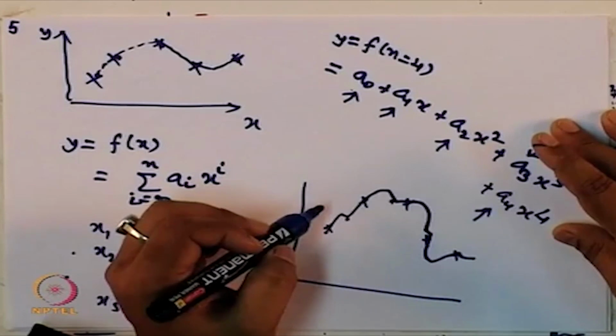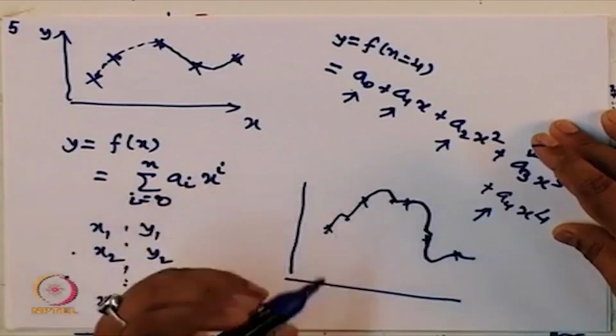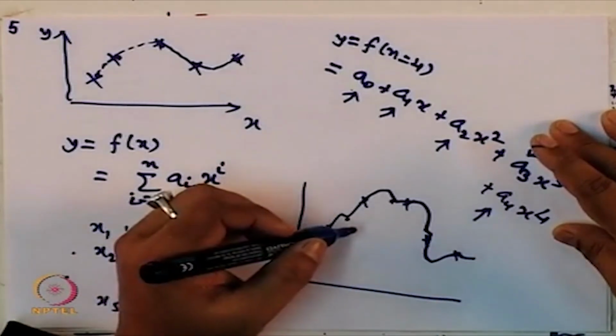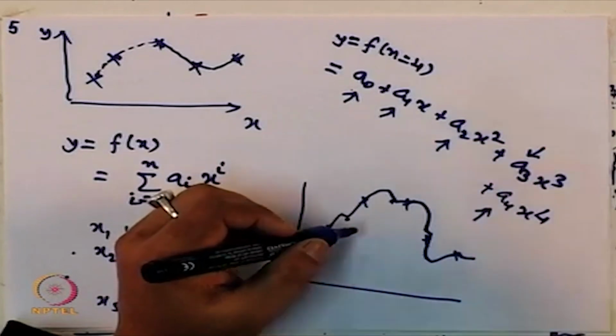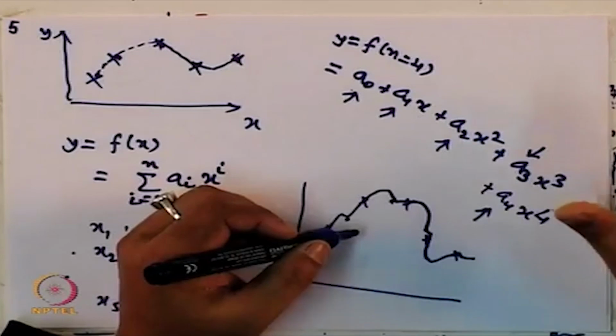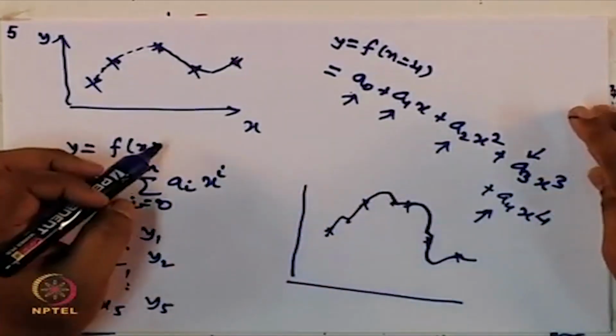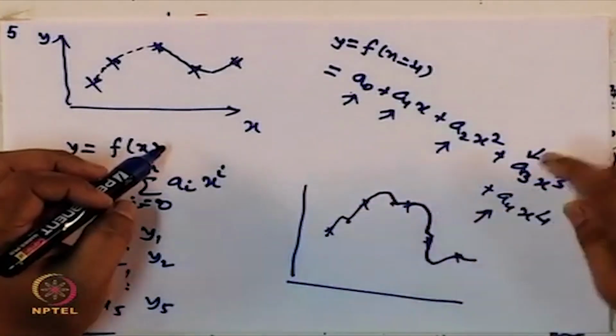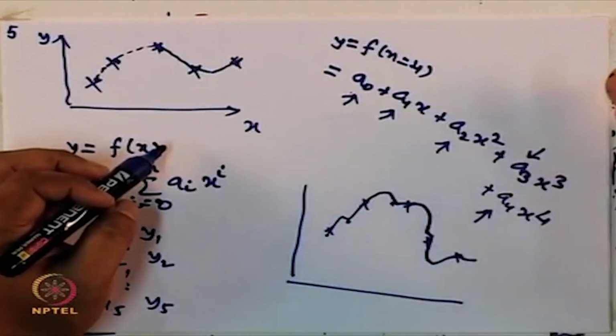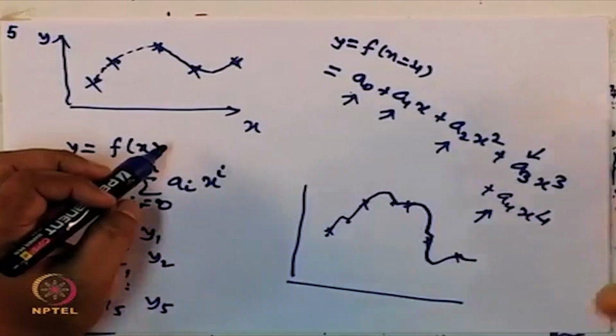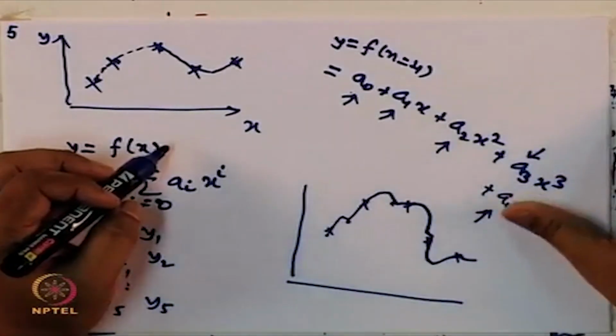So, higher dimensional polynomials are not advisable in most cases. You can use up to cubic, because you know that the function gives a very well defined form, but for different combinations of these parameters, many times the polynomial is such that you will get very complicated shapes which do not have any bearing on the physical phenomena that is underlying this particular process.